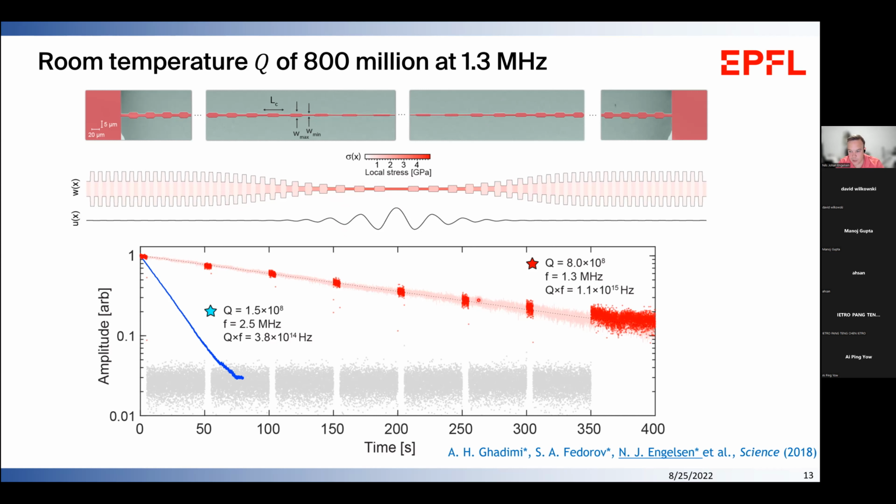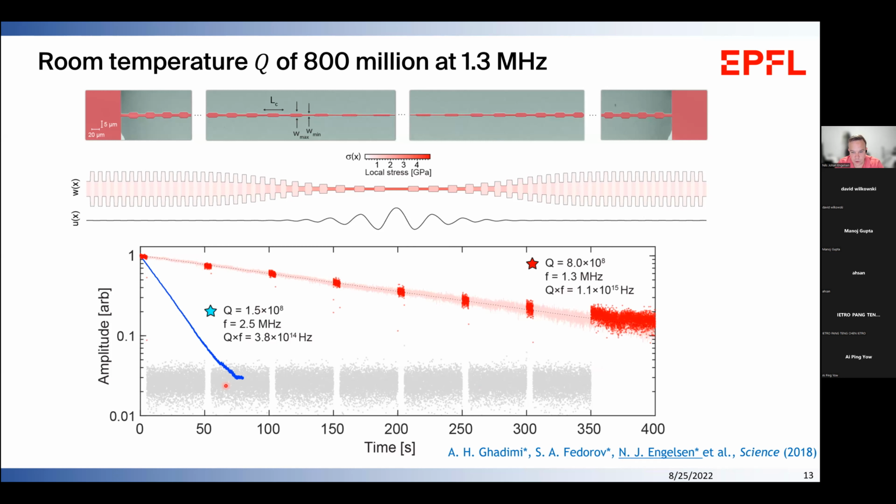at 1.3 megahertz. So here's a ring down measurement of this device, where we measure the ringing down of the vibrational mode with an optical interferometer. And we see that it has a decay time of about 6-7 minutes for this 1.3 megahertz mode.